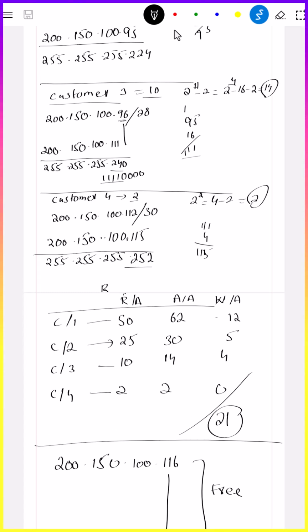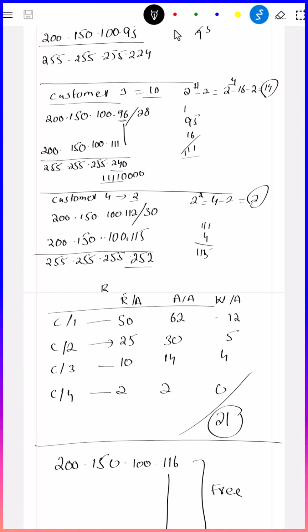In this example, the customer requirements were 50, 25, 10, and 2, but over there the requirements will be larger. Let's suppose you are a regional or international ISP giving addresses to national or domestic ISPs. Then obviously they will require a bigger set of IP addresses, and we will learn how we can deal with that.